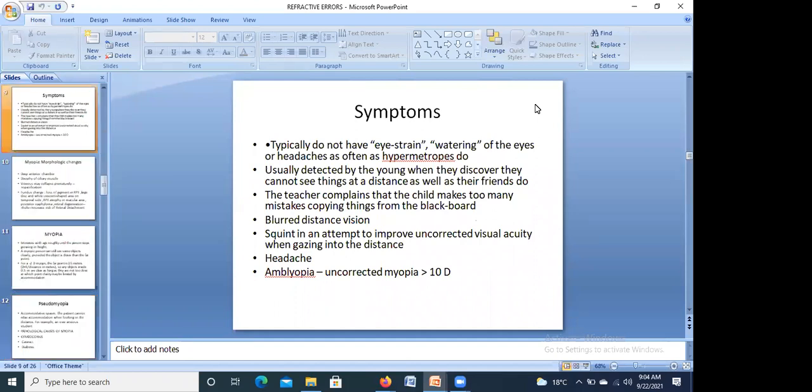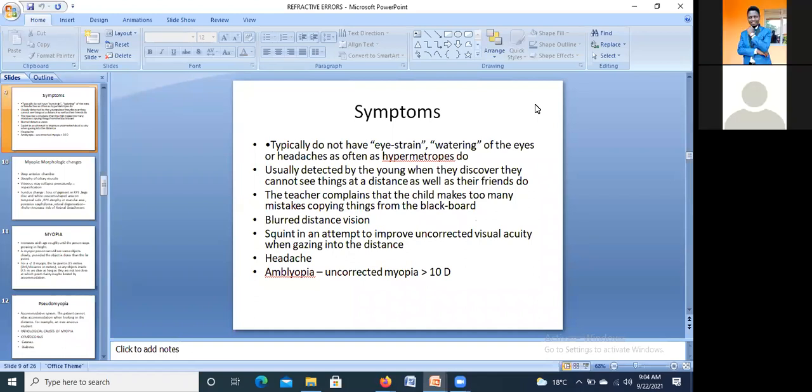The symptoms of myopia: children with myopia, or any patient with myopia, normally don't complain of eye strain, because the muscle is at rest. Their main complaint is that they don't see far. So they have a problem seeing distant images.